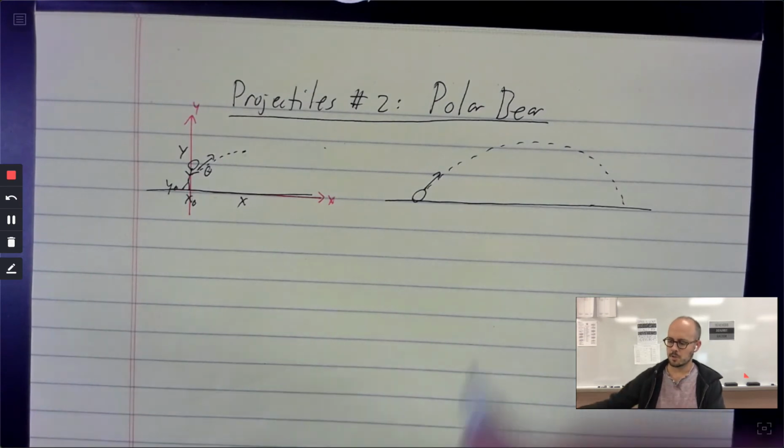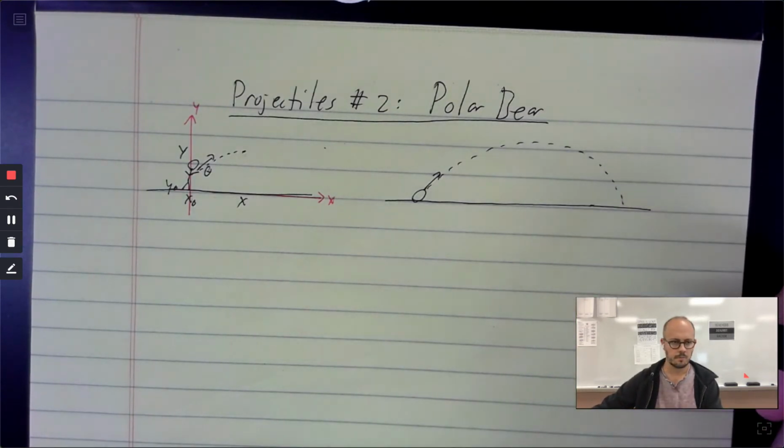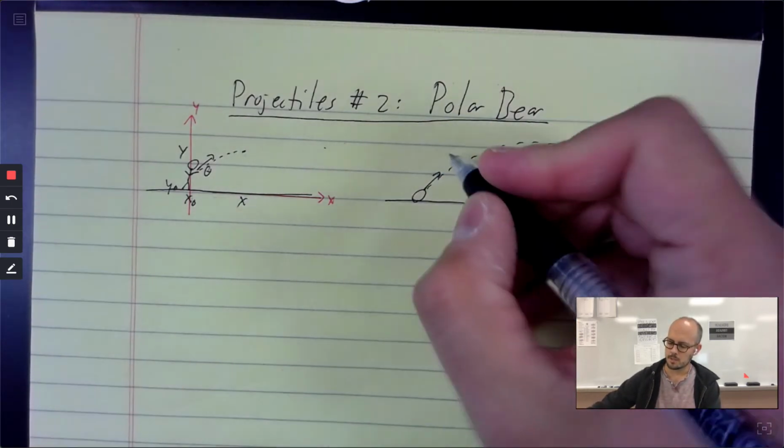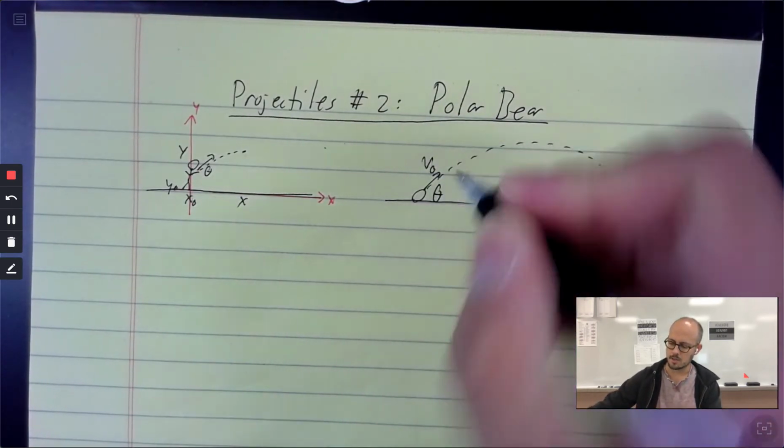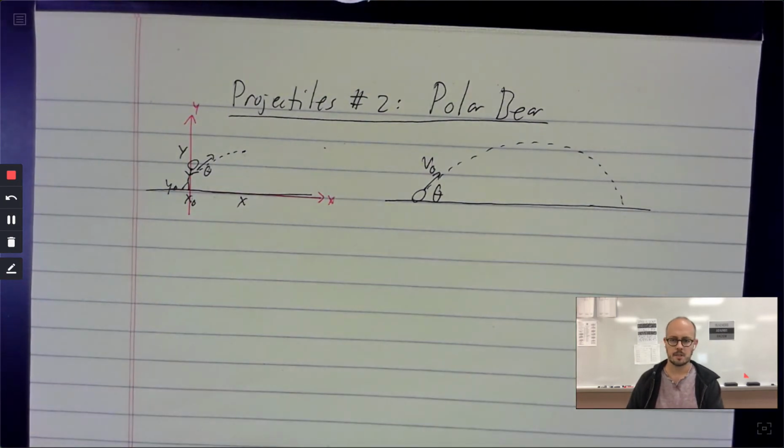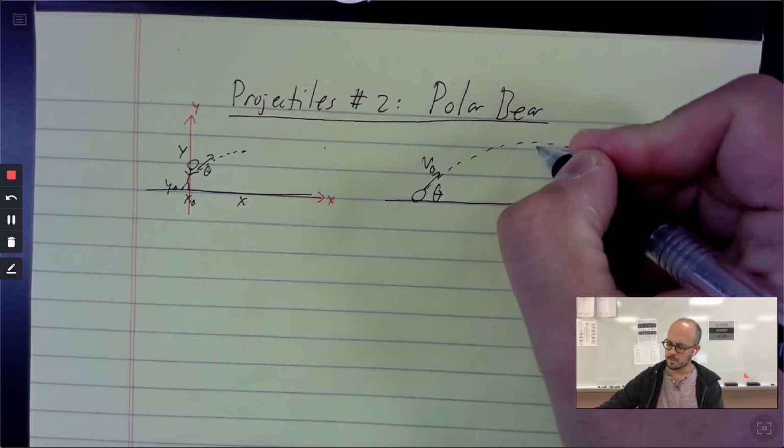So this vertical has a special kinematics set of data. We talked about how you have a projectile launched at an angle at a certain speed, and that the horizontal speed doesn't change, but the vertical speed does.